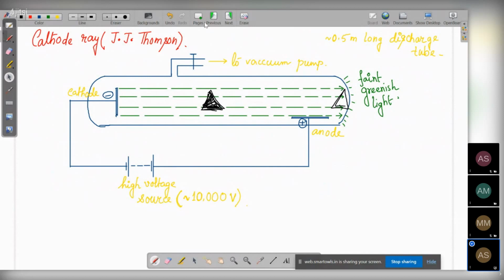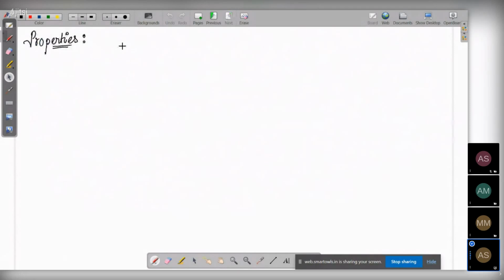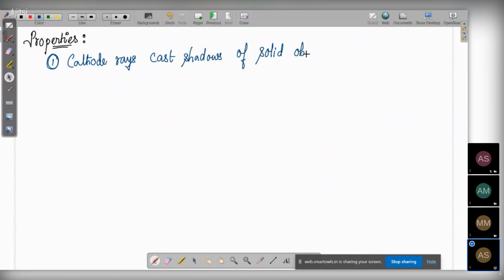So the first property is that cathode rays cast shadows of solid objects in their path.